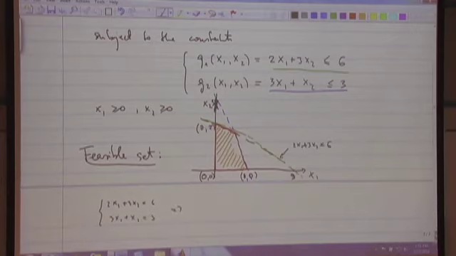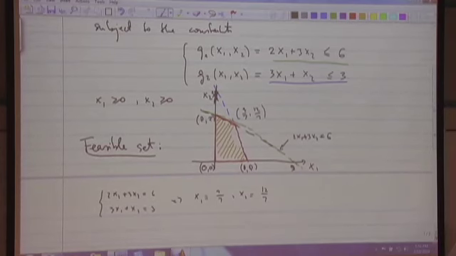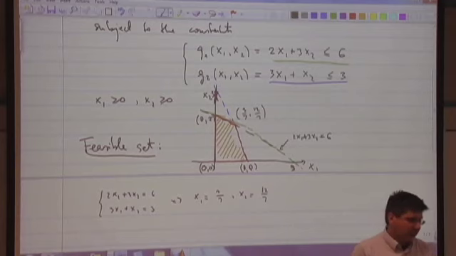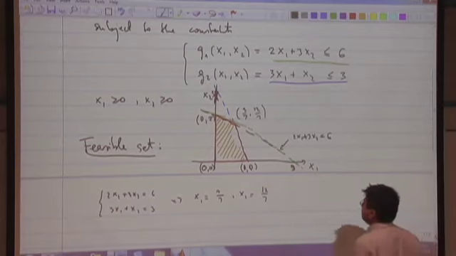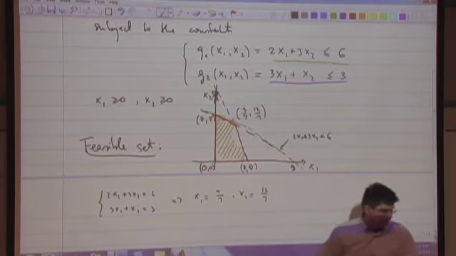And I think after you do whatever method you choose, it comes out to be 3/7 and 12/7, right? Of course this is going to be very hard, if not impossible, when you have 7 constraints and 5 variables, right? But just to illustrate the idea here.